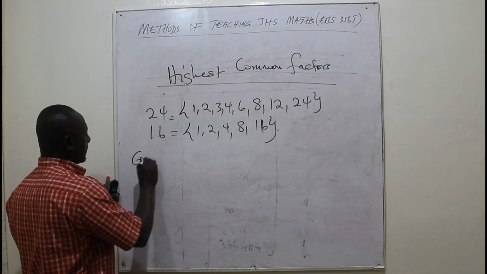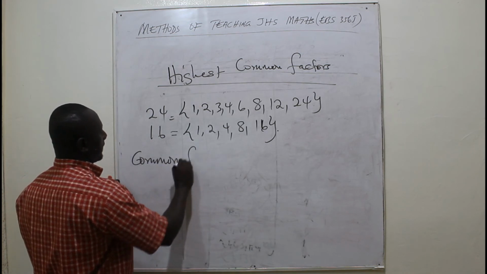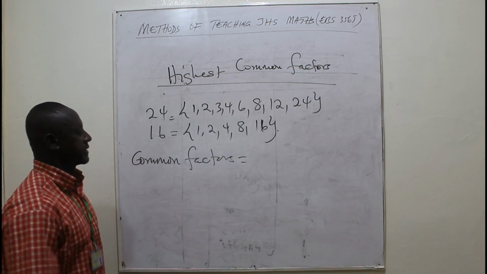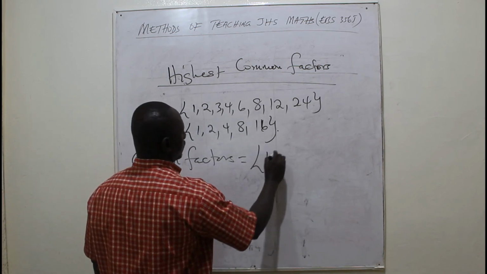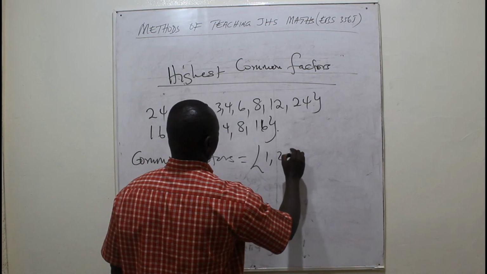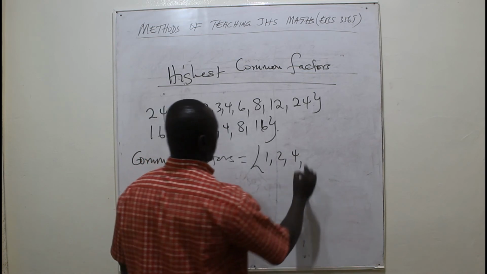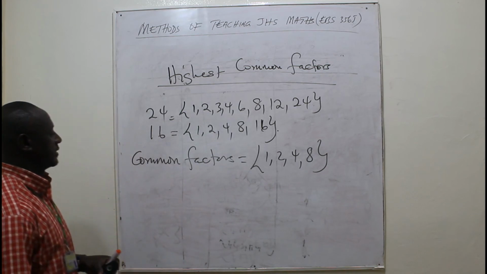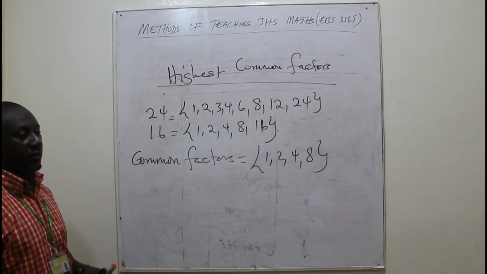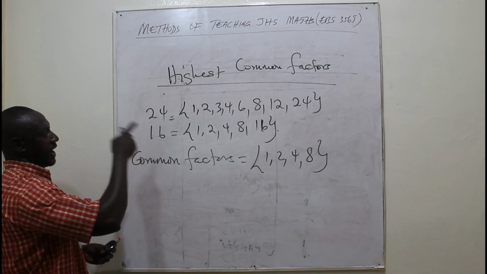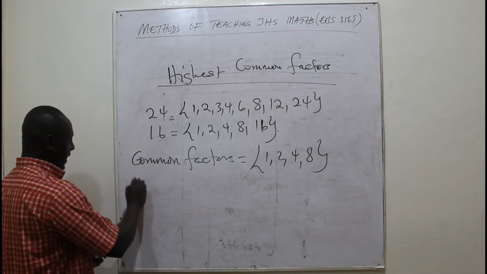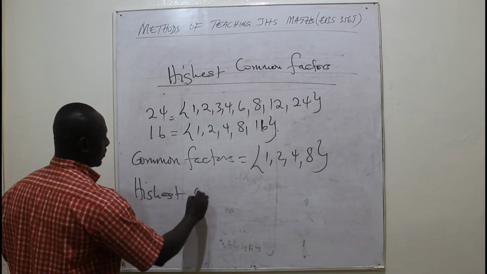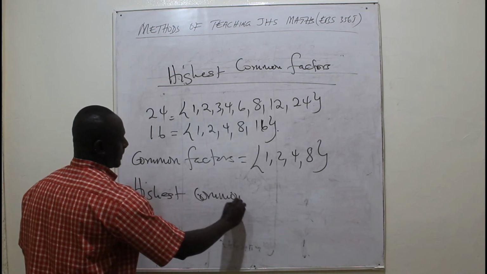So they will list the common factors. The common factors are 1, 2, 4, and then 8. These are the common factors. When they are done with that, because the focus is on the highest common factor, they look for the highest common factor.